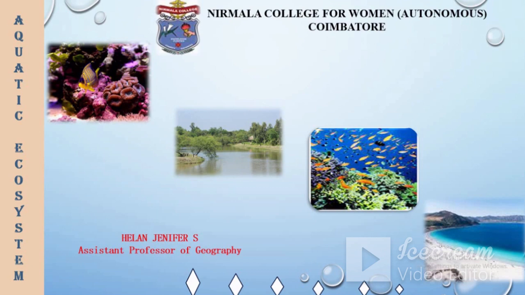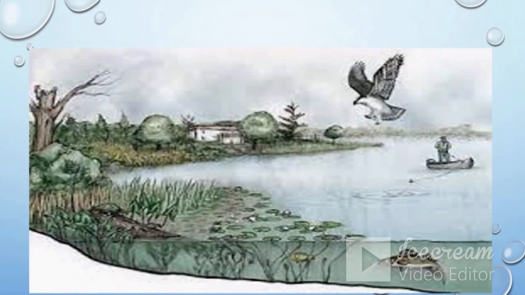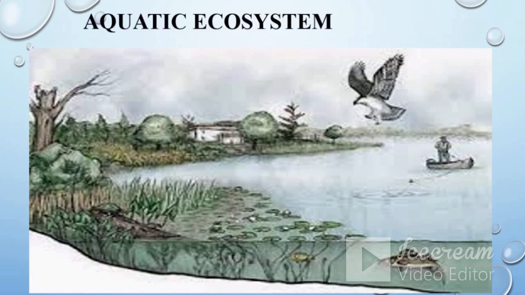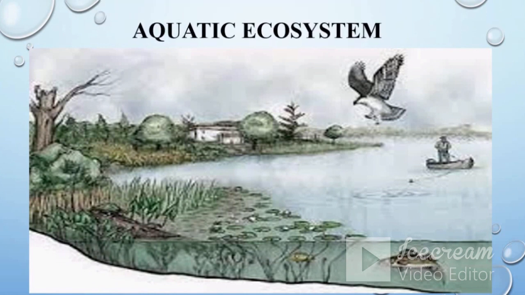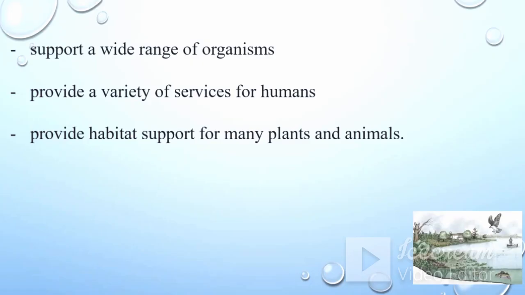In this video, let us learn about the aquatic ecosystem and its classification. First of all, what is aquatic ecosystem? Aquatic ecosystems support a wide range of organisms, including microorganisms, invertebrates, insects, plants, and fish.